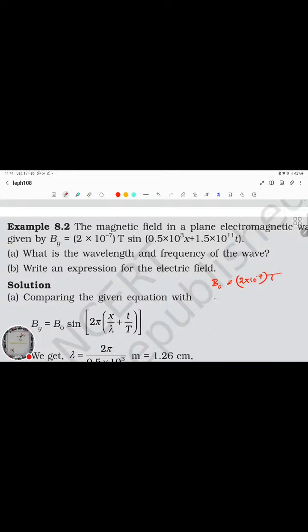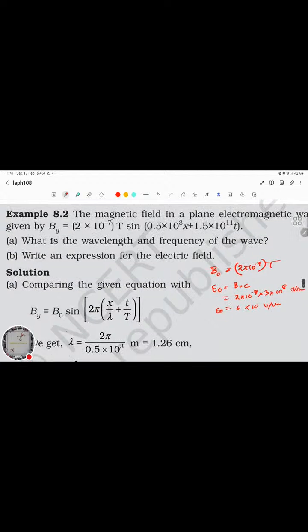Then write an expression for electric field. So E naught should be B naught multiplied by C, which means 2 into 10 power minus 7 into 3 into 10 power 8 volt per meter. 2 3s are 6, and 10 power 8 into 10 power minus 7 is 10 power 1, so 60 volt per meter. So that's the maximum value of electric field.